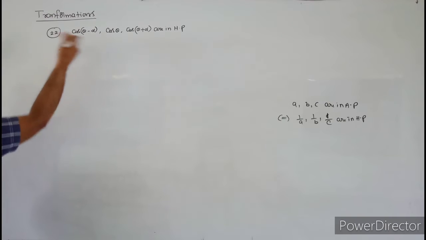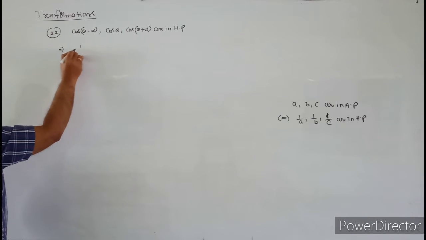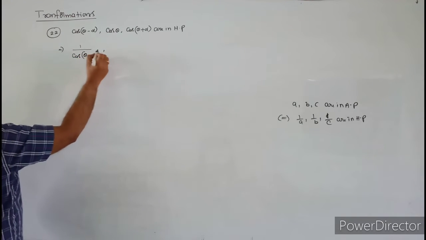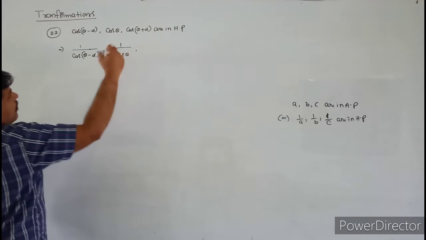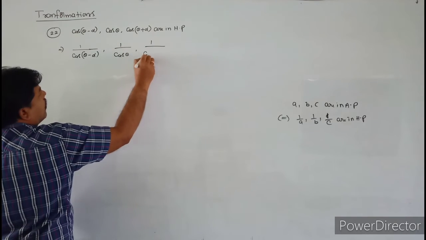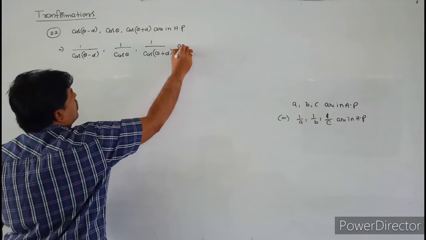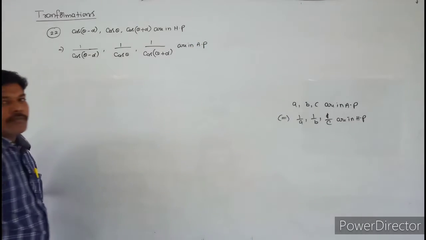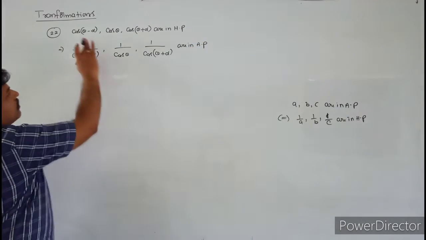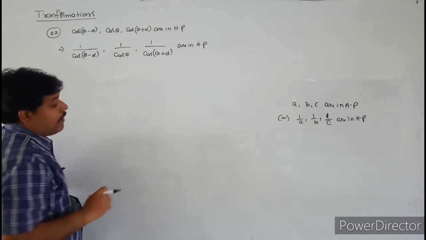Automatically, if you take the reciprocals, that is nothing but 1 by cos(theta minus alpha), 1 by cos theta, 1 by cos(theta plus alpha) are in AP. Do you understand that? So these are in HP, automatically the reciprocals will become AP.